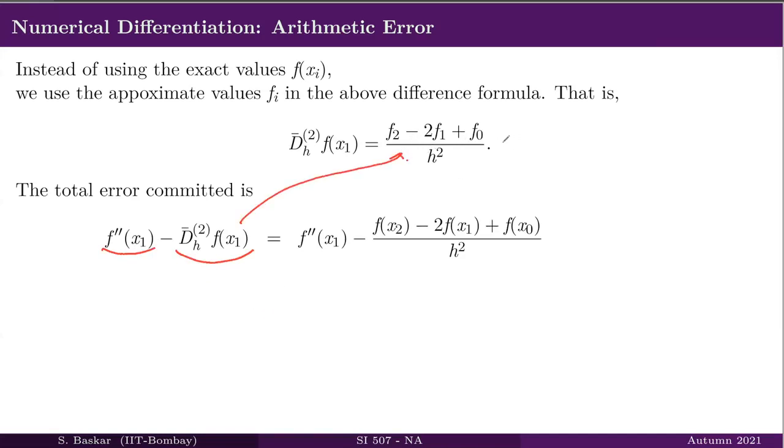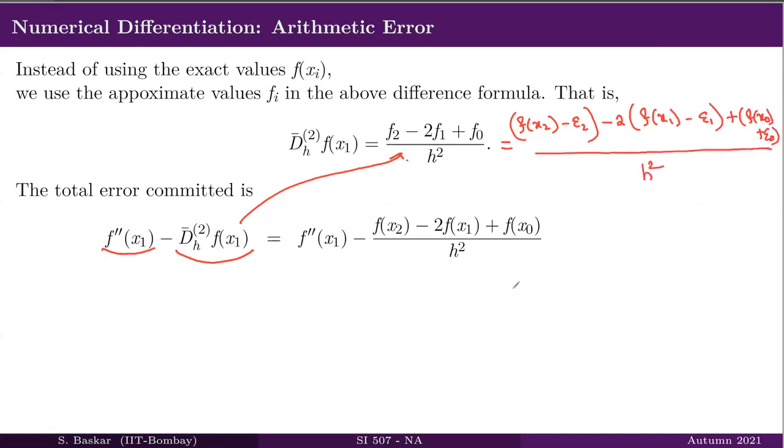Now, note that this can be written as f of x2 minus epsilon 2, that is your f2, minus 2 times f of x1 minus epsilon 1, plus f of x0 plus epsilon 0, right? Divided by h square.